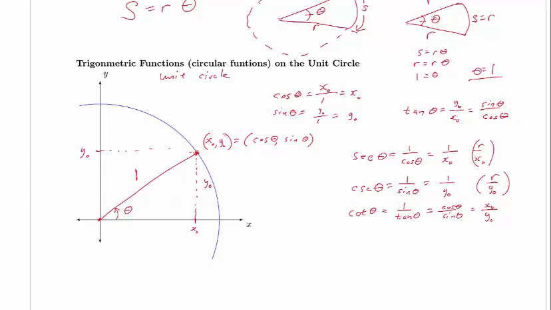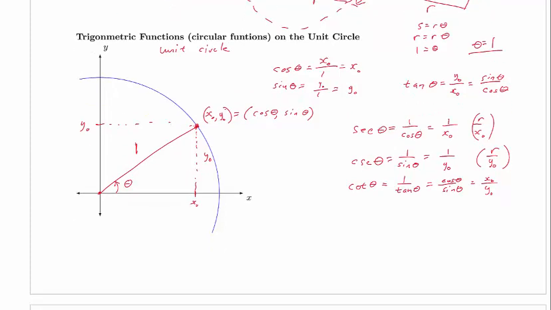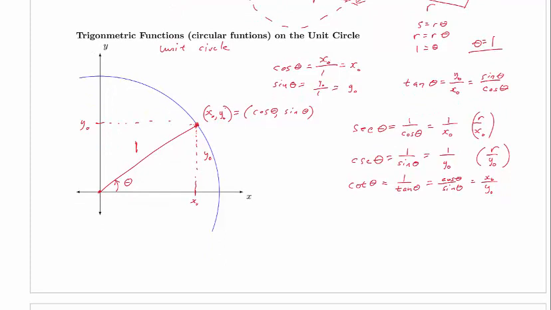I want us real fast to look at the Pythagorean identity on here. Remember, that is a squared plus b squared equals c squared. Keep in mind a and b are both the legs of the right triangle, and c is the hypotenuse.